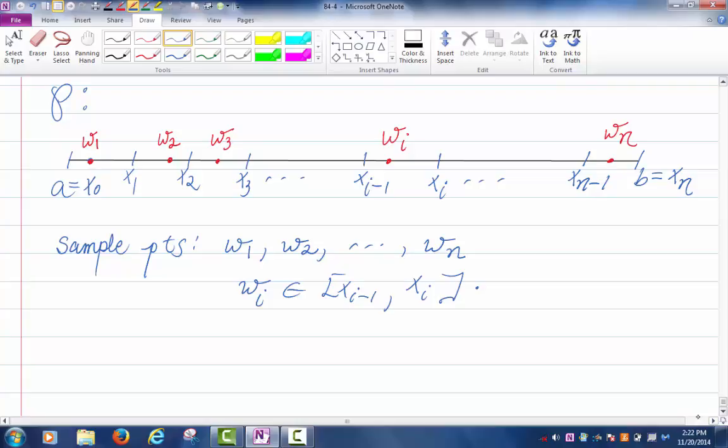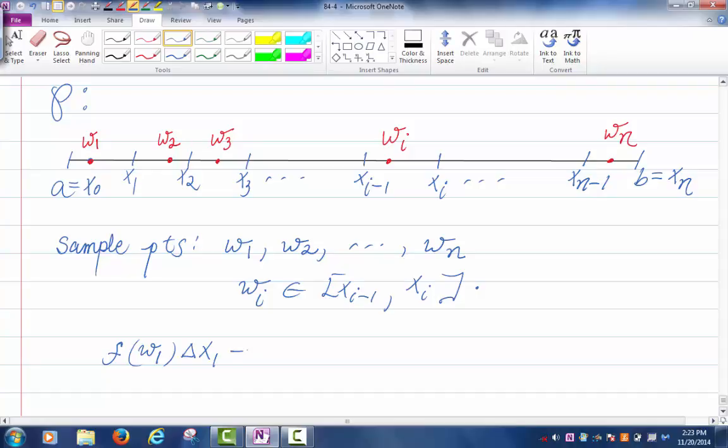For the first subinterval, I evaluate f at the sample point W1 and multiply that by delta x1, where delta x1 is the length of the first subinterval.